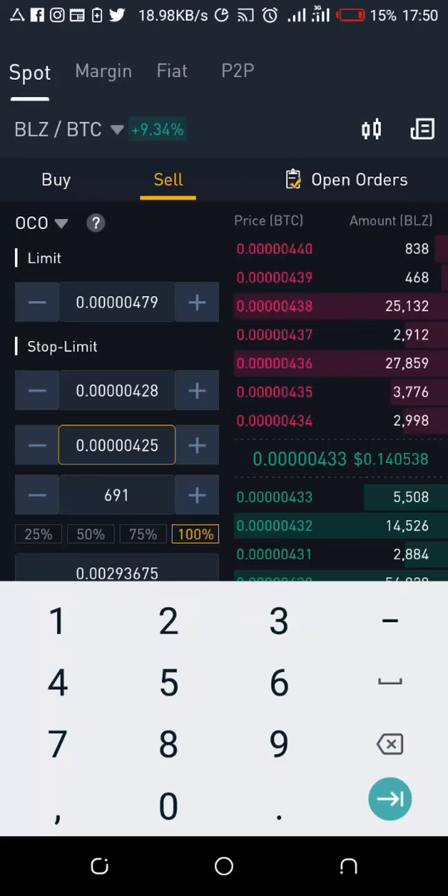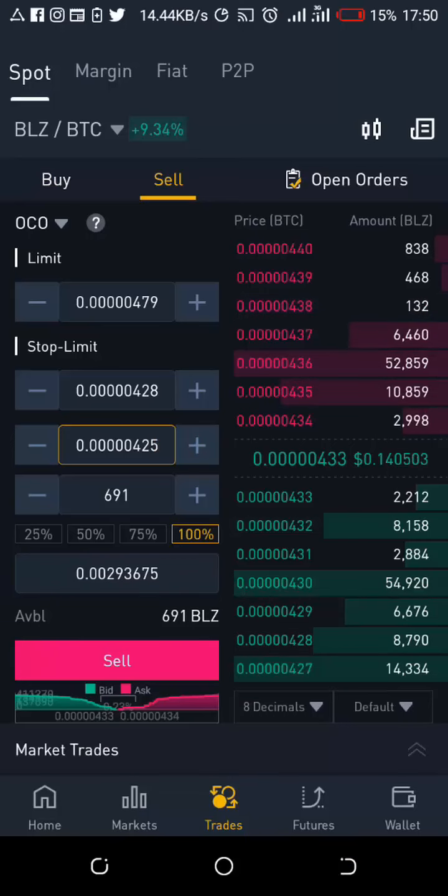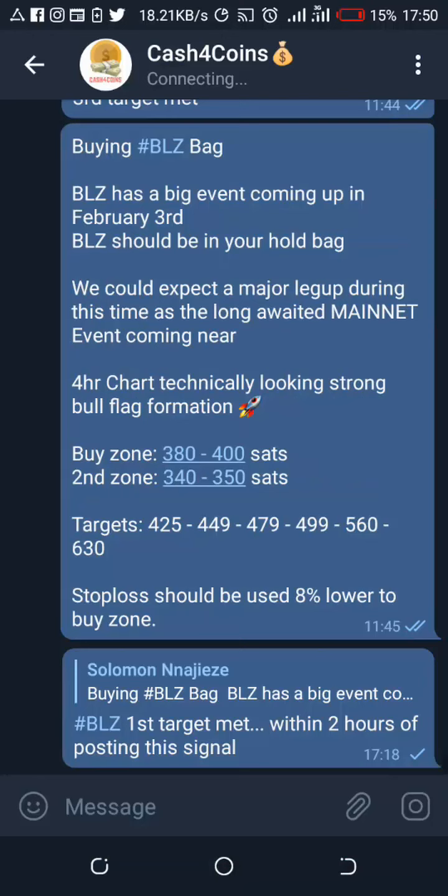So we say 100%. Now let me explain this very well again. You remember our first trade? First of all, we bought at the rate of 399 Satoshi, right? Then we used 8% stop loss in case the price starts going down, to prevent loss.